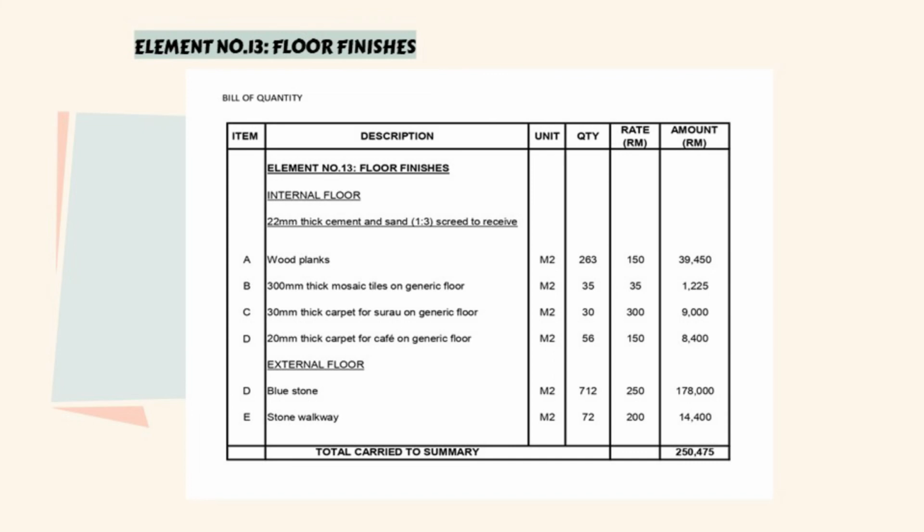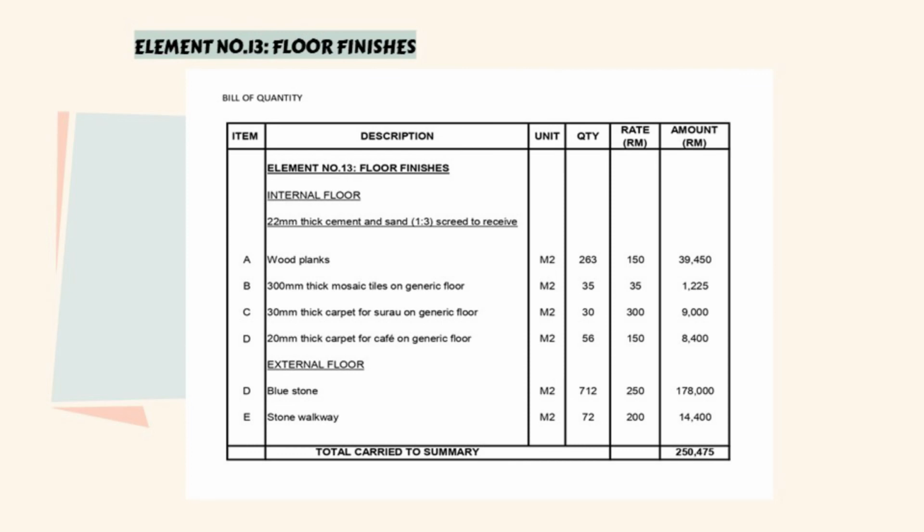Meanwhile, for surau, we use 30 mm thick carpet, and they cost 9,000 ringgit for 30 meter square. And for the cafe, we use 20 mm thick carpet, and they cost 8,400 ringgit.